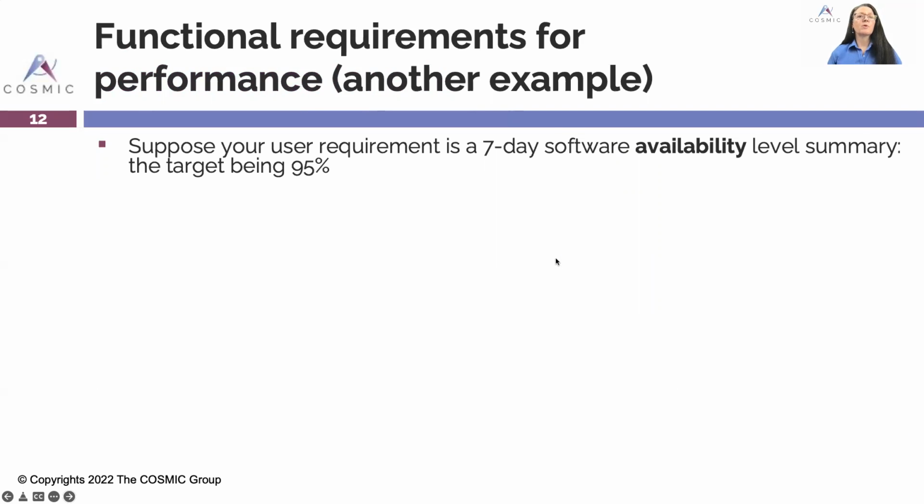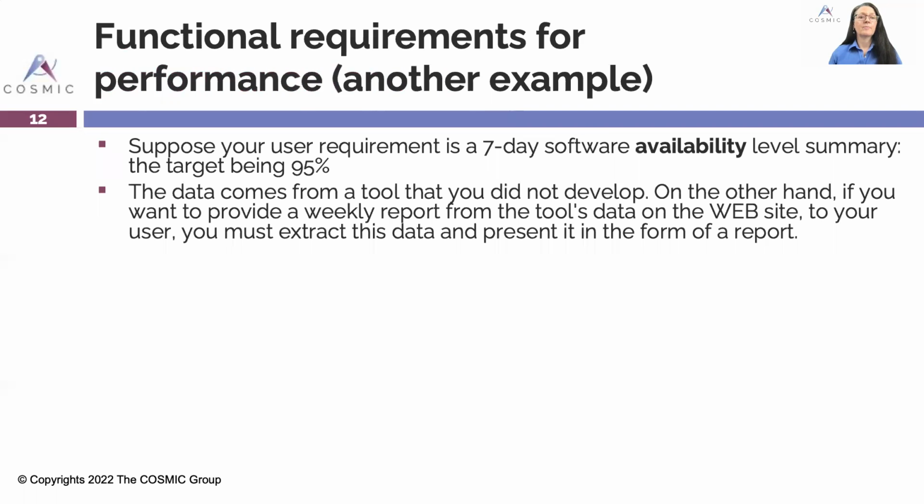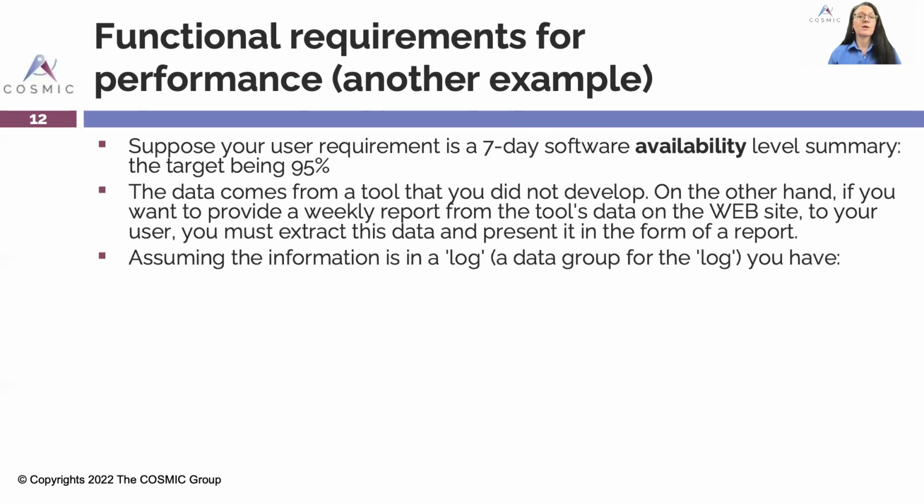Suppose your user requirement is a 7-day software availability level summary, where the target is 95% availability, which means that the system is functional 95% of the time. The data comes from a tool that you did not develop. On the other hand, if you want to provide a weekly report from the tool's data on the website to your user, you must extract this data and present it in the form of a report.